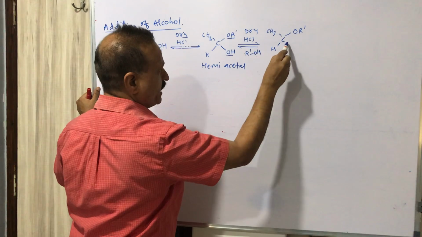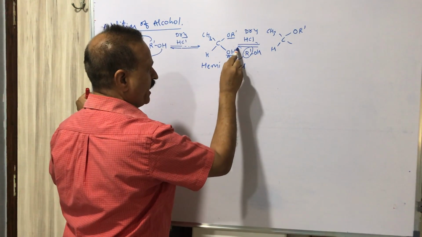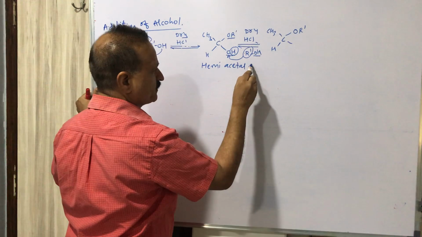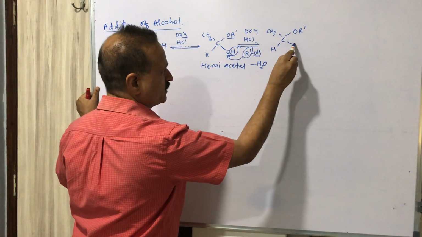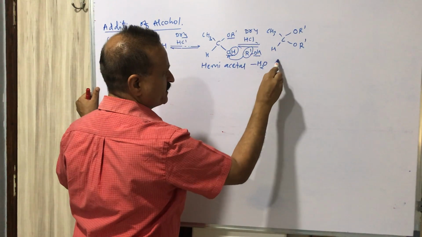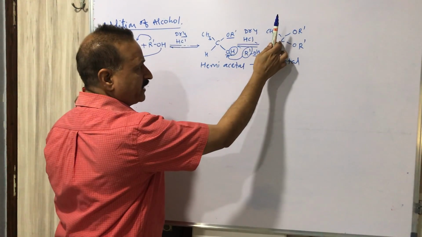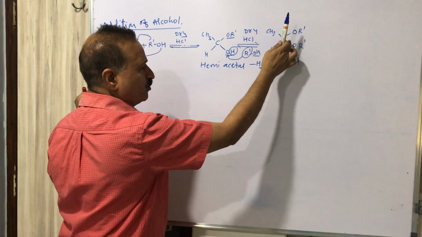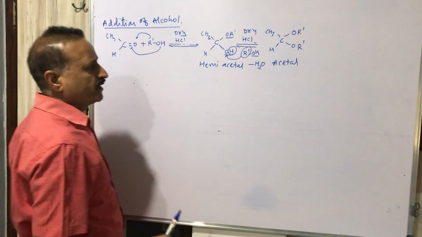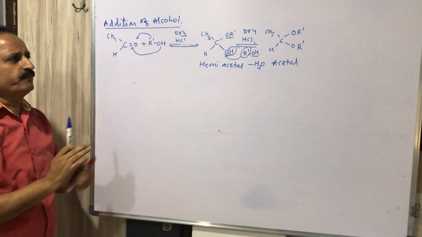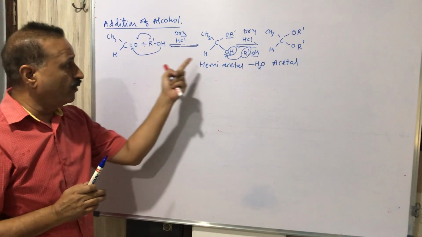OR will remain as it is, and this R will attach to O, and H will react with OH, so minus H2O, and we get O and R, so this is OR, this is acetal. Both alkoxy groups are attached to the same carbon, so it is a gem-dialkoxy product. This is a very simple product. Here we have used two molecules of alcohol.